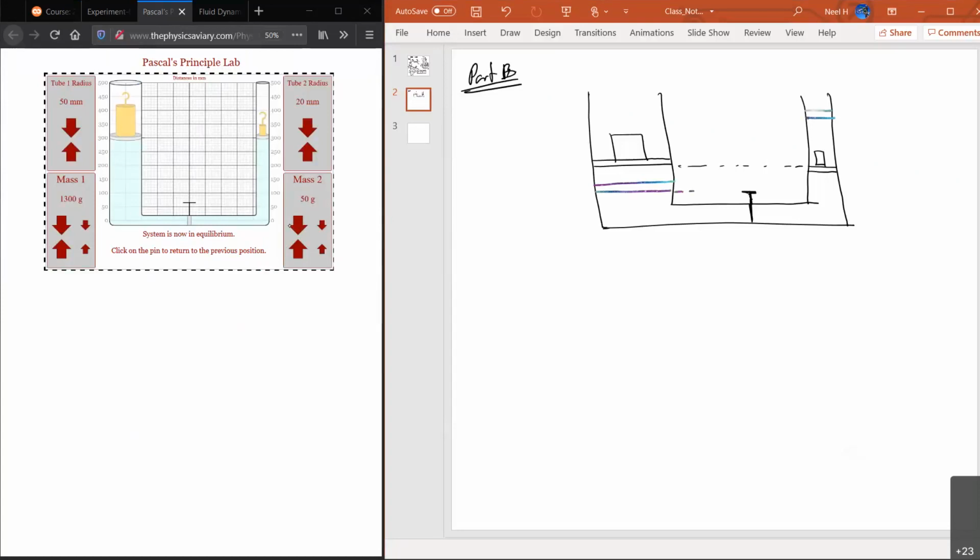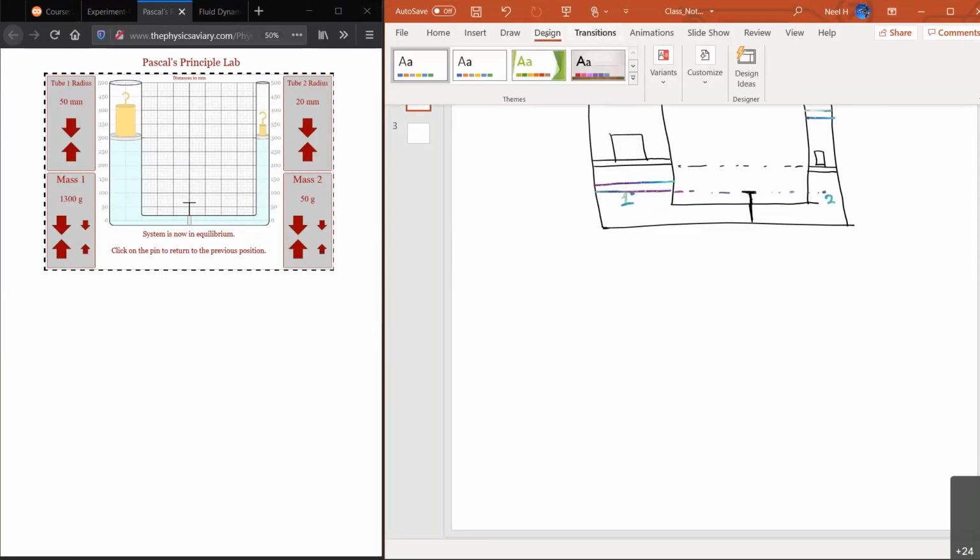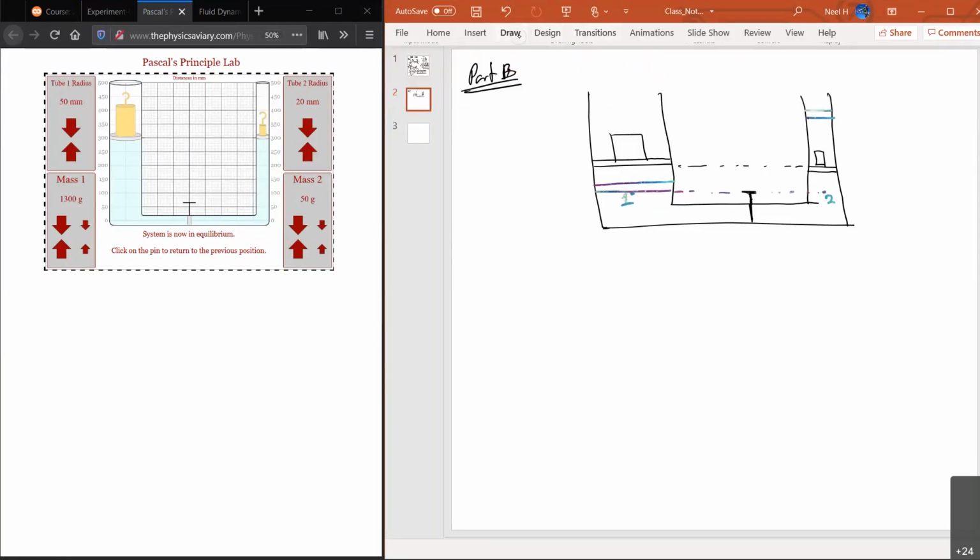At the new location, I can find the pressure inside here. Just say this is point 1, and let's say this is point 2. Then I can find the pressure. Pressure at point 1 should be equal to pressure at point 2.